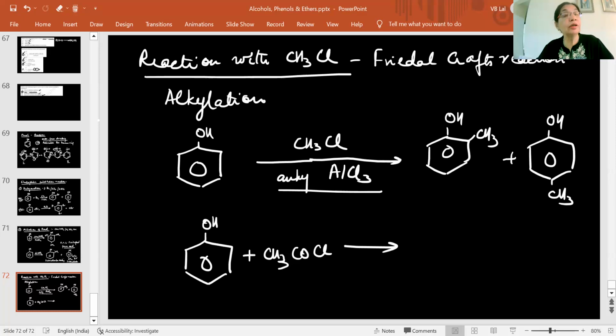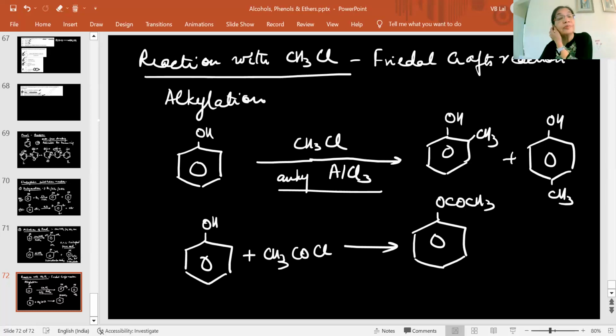The reaction will occur at the OH group. This is an acetylation reaction. So it will become OCOCH3, phenyl acetate. I will get phenyl acetate plus HCl.